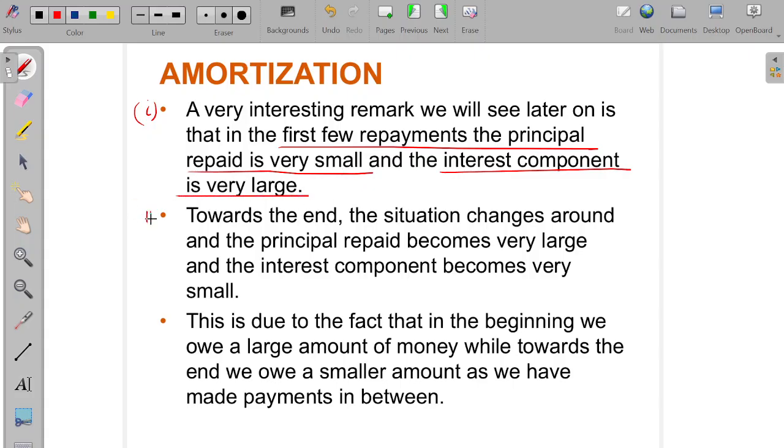Towards the end, the situation changes: the principal repaid becomes very large and the interest component becomes very small. This is because in the beginning we hold a large amount of money, while towards the end we hold a smaller amount as we have made payments in between. You are going to see that as we take some examples.